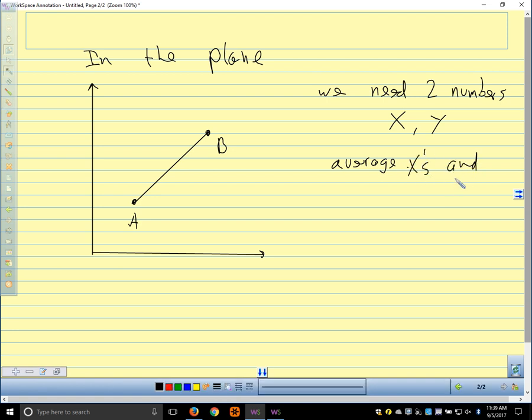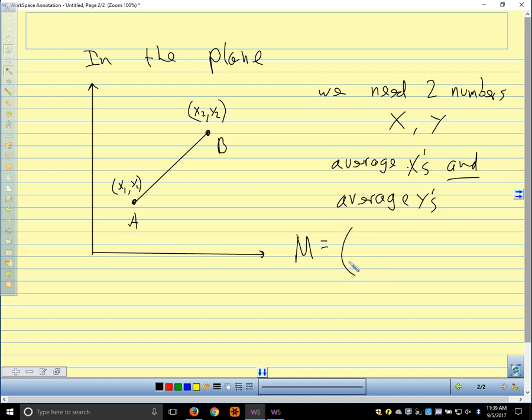So we're going to average the X's and average the Y's. The way that we usually label our points in the plane, I'll call that point x1, y1, and this point x2, y2. So our midpoint, we usually use capital M for midpoint.